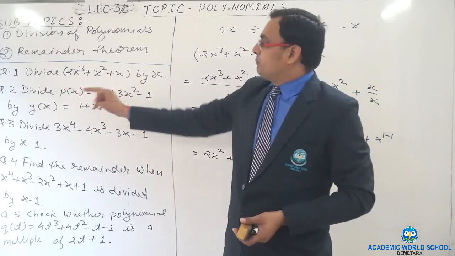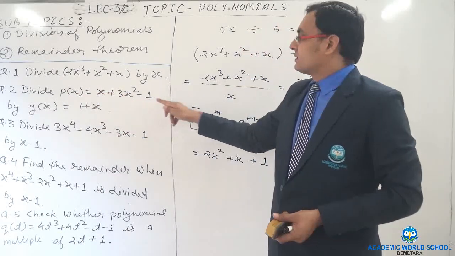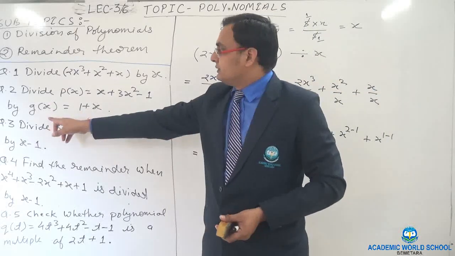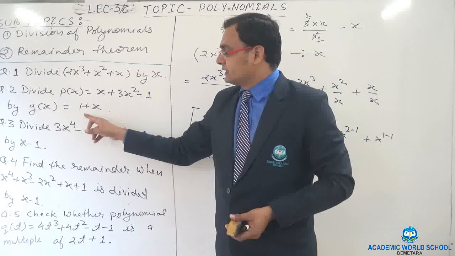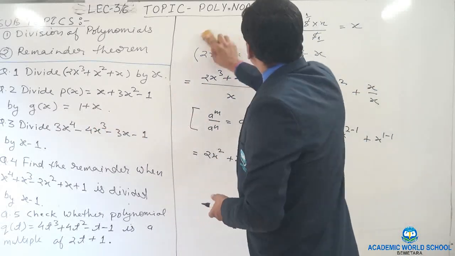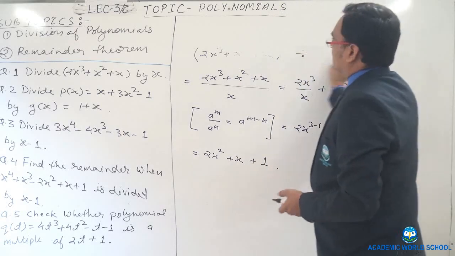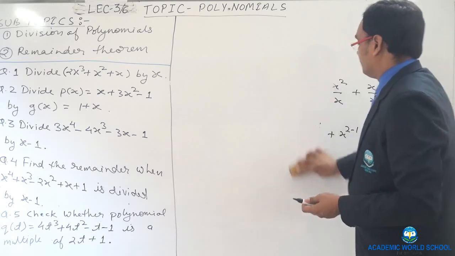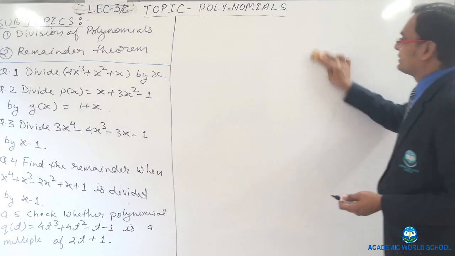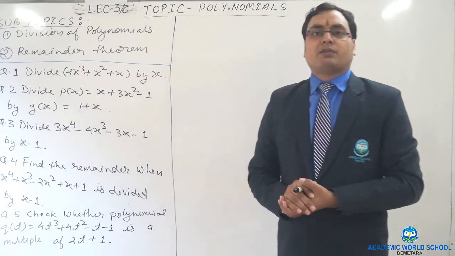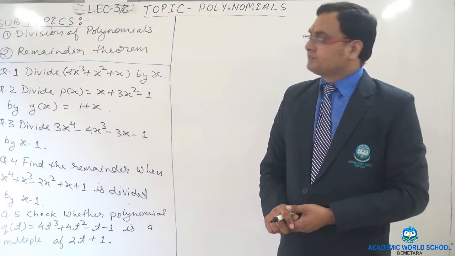Here this polynomial p(x) is x plus 3x square minus 1, and we want to divide this by another polynomial g(x), which is 1 plus x. Now here in this division we will use our knowledge of the standard form of a polynomial.